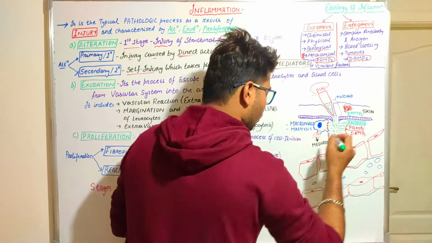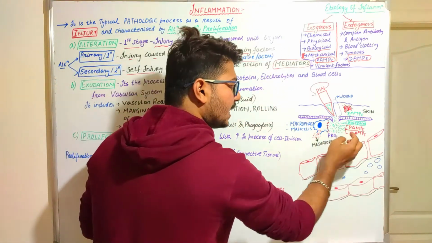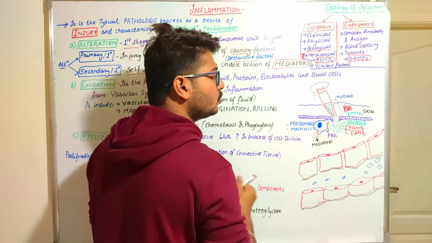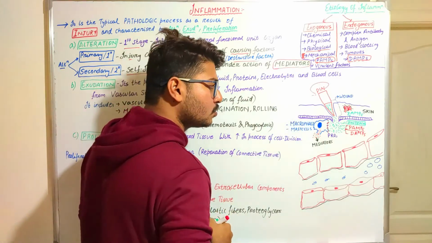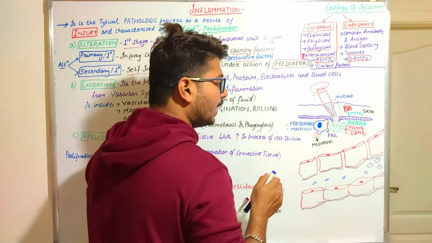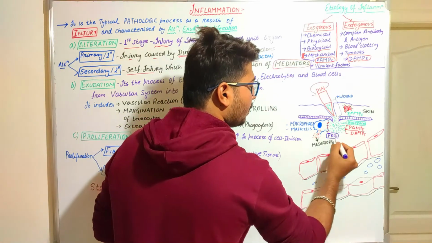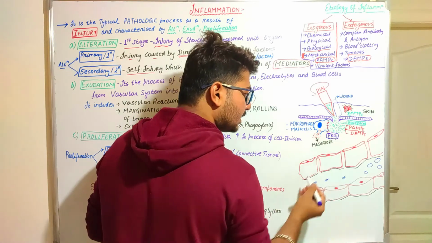The next process is that the PAMs and DAMs are recognized by certain receptors present on the phagocytic cells in the tissues. What are these receptors called? They are called PRRs, the pattern recognition receptors.